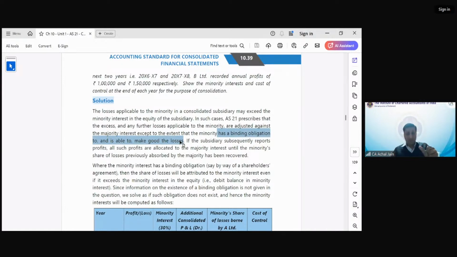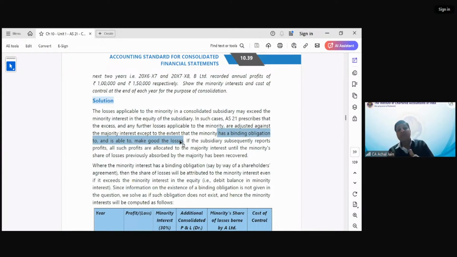Any excess. Suppose the balance of minority is 1 lakh and the share of the loss of minority is 1,20,000. You'll make the balance of minority 0. You are still left with a loss of 20,000. This loss of 20,000 you will take to the holding company.